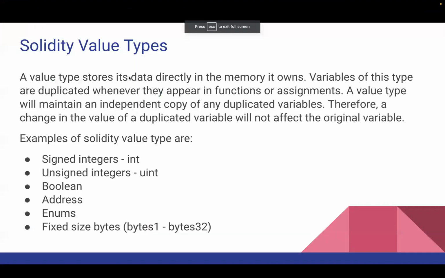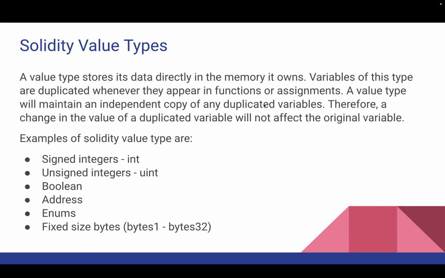A value type stores its data directly in the memory it owns. It doesn't reference it. Every time you use a variable that is a value type, it creates a copy of the initial variable and uses it. It doesn't affect the initial variable you have declared up there. That's why they are called value types.